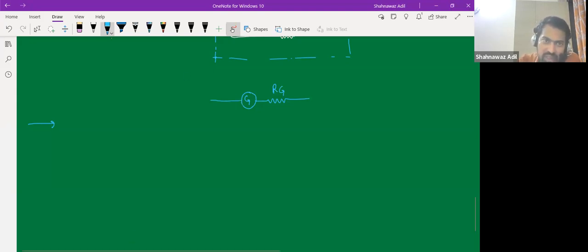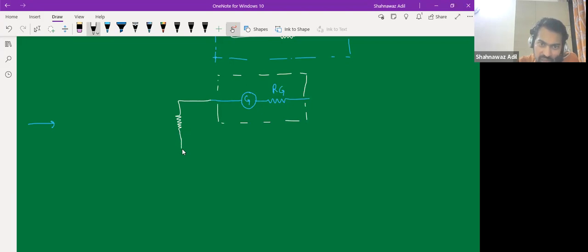So this is my galvanometer. I have not added any shunt resistance, right, guys? And now this is connected to the device whose current I want to measure. So this is the whole connection, right?